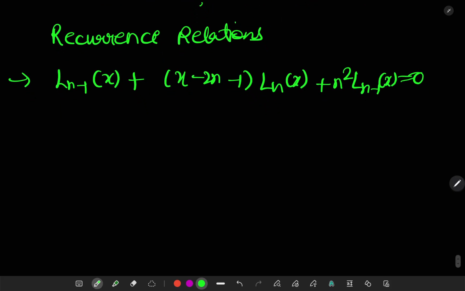We can differentiate the Rodrigues formula. We differentiate the generating function with respect to t. We can get this relation, and similarly another relation we get by differentiating the generating function with respect to x, which is equal to this.